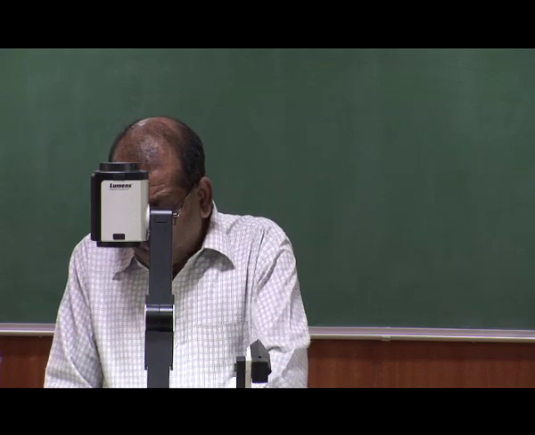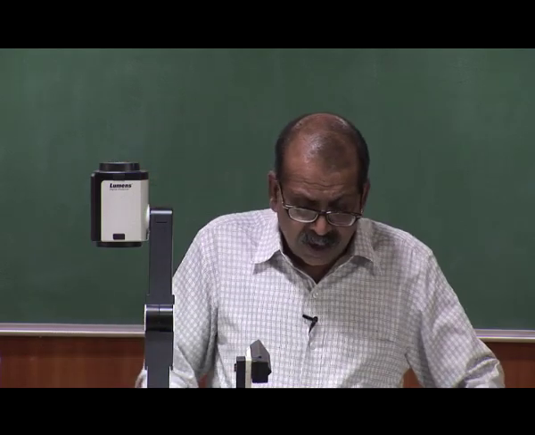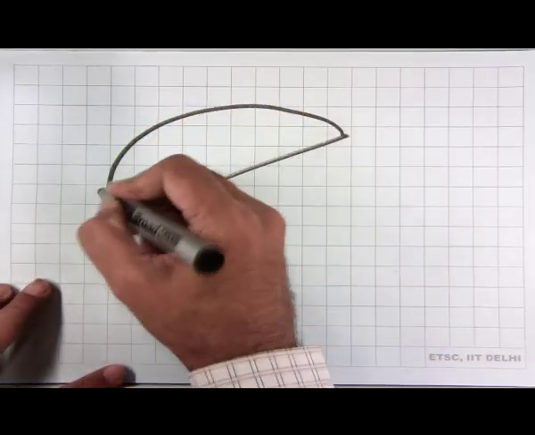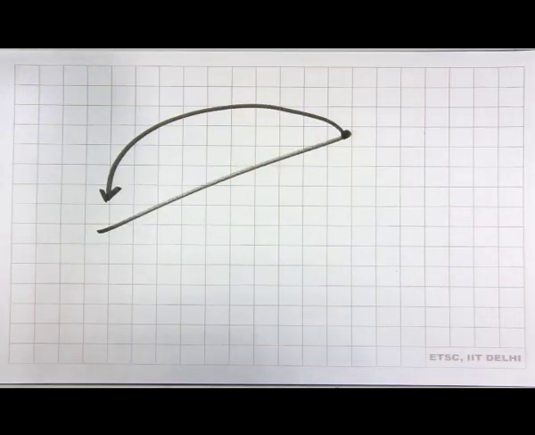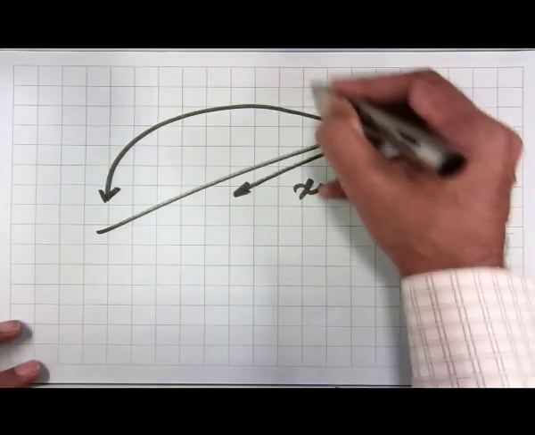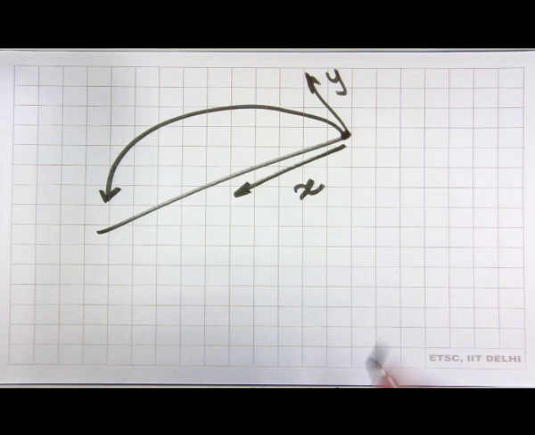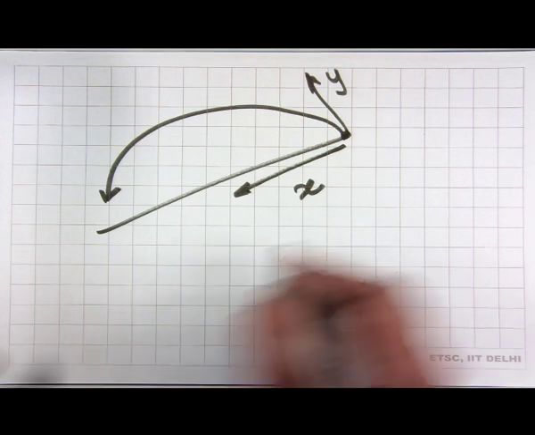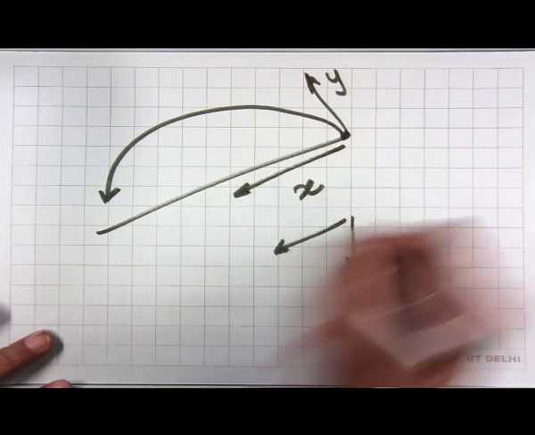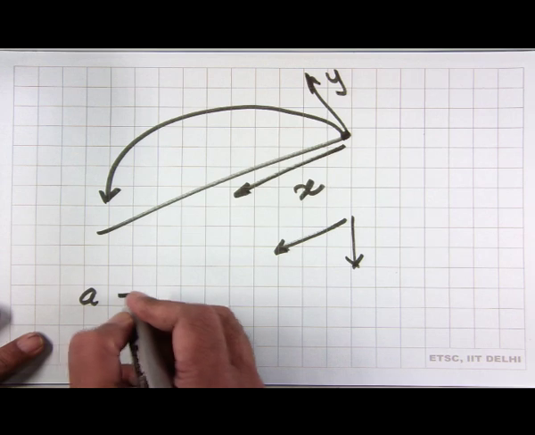Similarly, you may have a problem where something is thrown on the incline, down the incline. I looked at the problem from up the incline, and I am not going to solve this problem for you, but if you choose your x like this and your y like this, then when you resolve your gravity component, the x component will be positive.